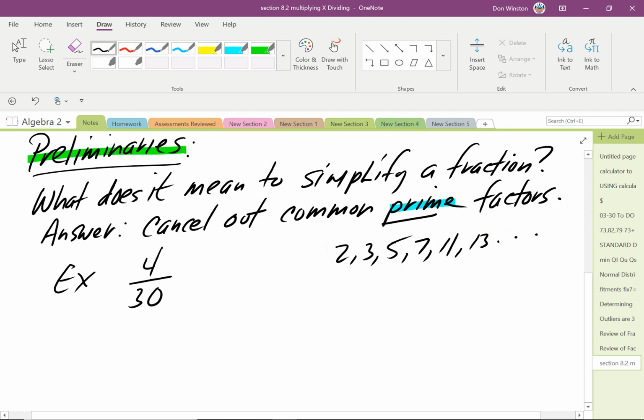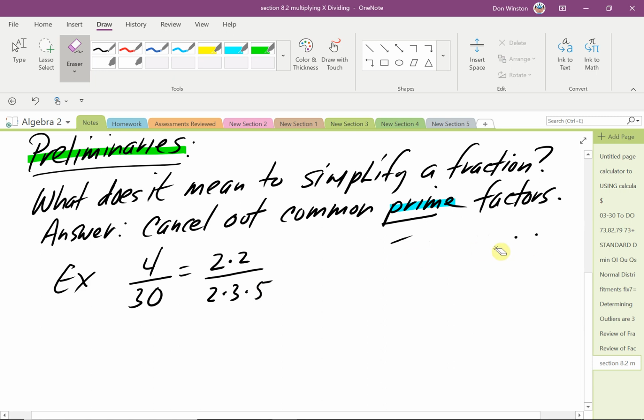It will be helpful then to express this fraction as its product of prime factors. So prime factors of 4 are 2 and 2, so 2 times 2. And then prime factors of 30, let's see, here's 2 times 3 times 5. 6 times 5 gives me 30. So I've expressed that fraction 4 over 30 as a product of its prime factors.